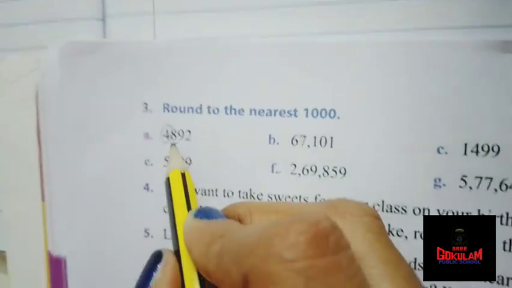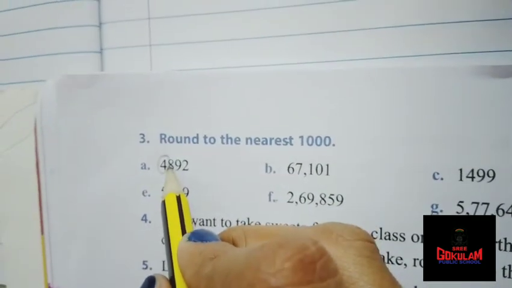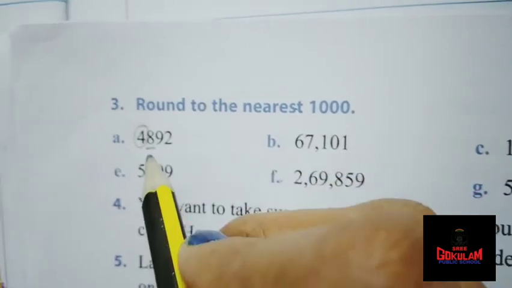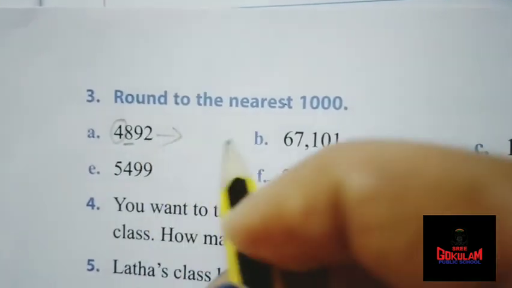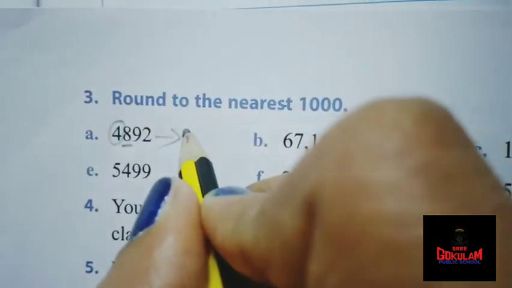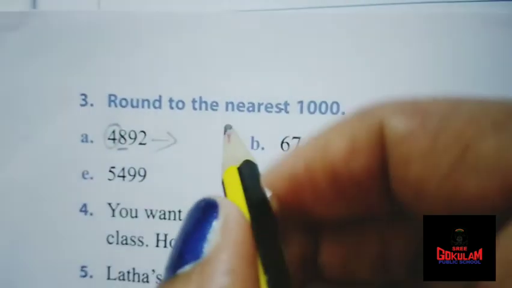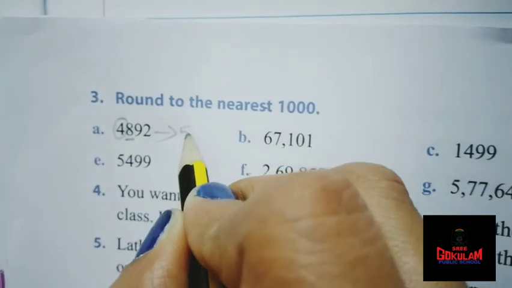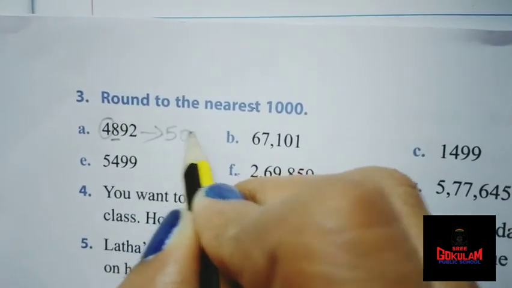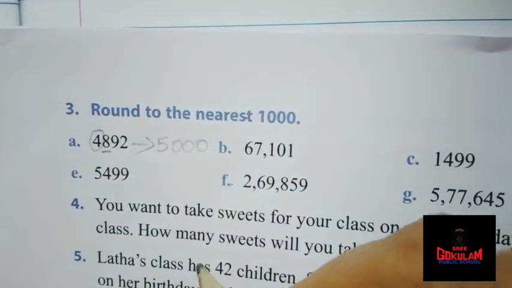Here it is 8, above 5, so we have to round up. We add one in the thousands place, so 4 will become 5 and we put 0s, 5,000.